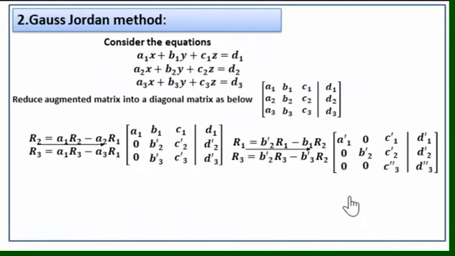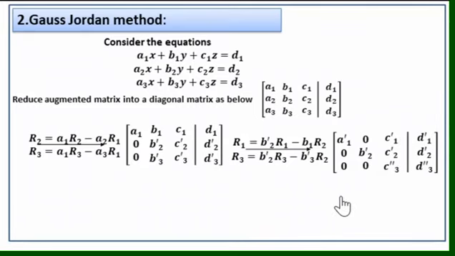In the third step, we make these two elements 0, so that this coefficient matrix becomes a diagonal matrix. So in the third step, we make use of row 3 and make changes in the first and second rows.